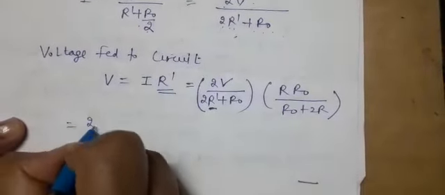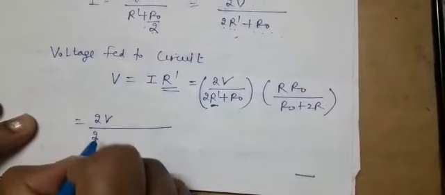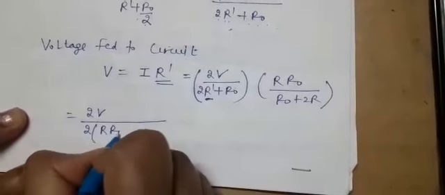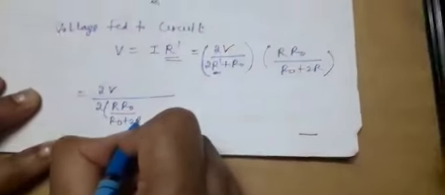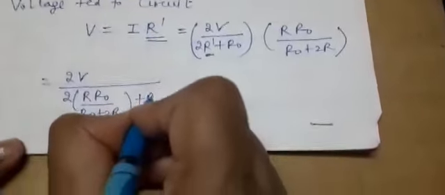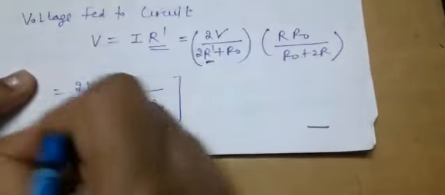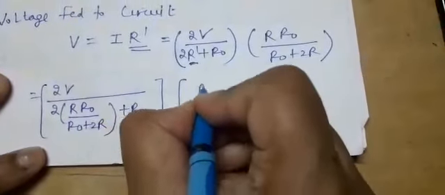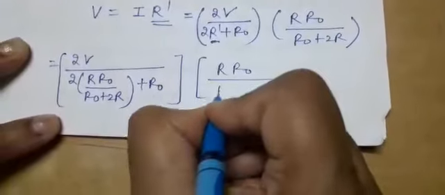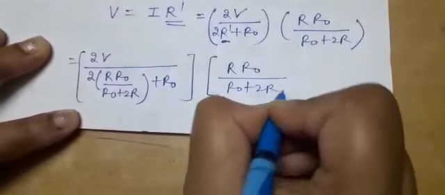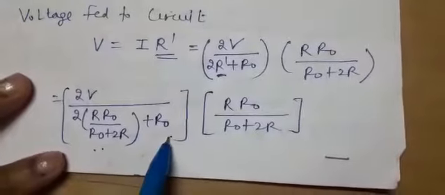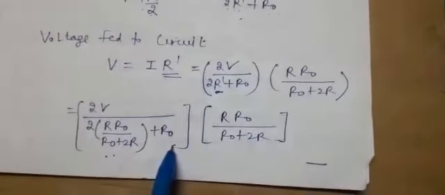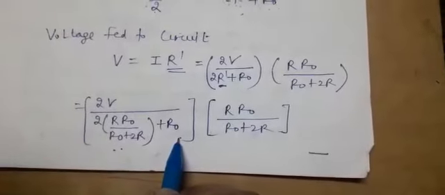So it is 2V upon 2 times R, R0 upon R0 plus 2R, plus R0, into, in multiplication, R, R0 upon R0 plus 2R. So what should we do in the next step? Take the LCM in this, rearrange the terms, then you will get the final answer.